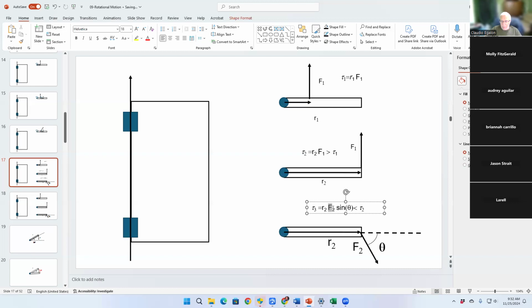What we have here is that the magnitude of F2 is the same as the magnitude of F1.